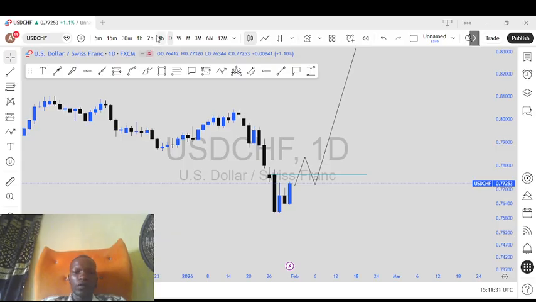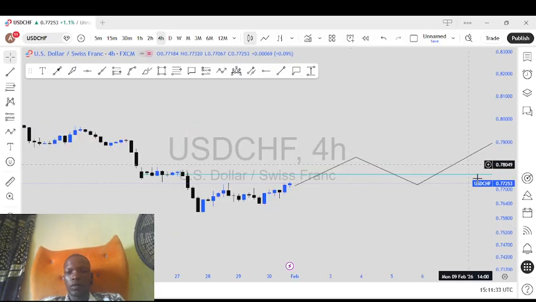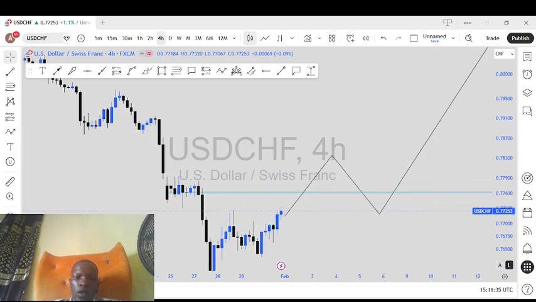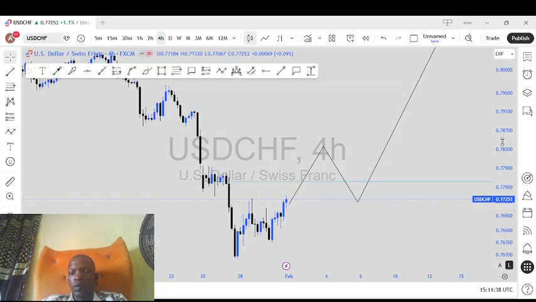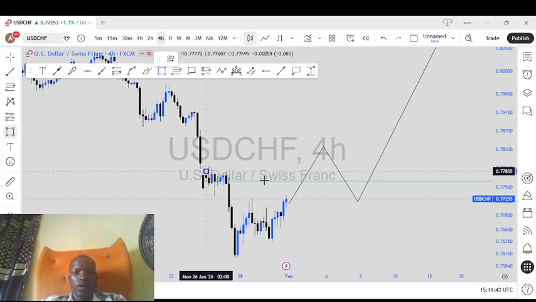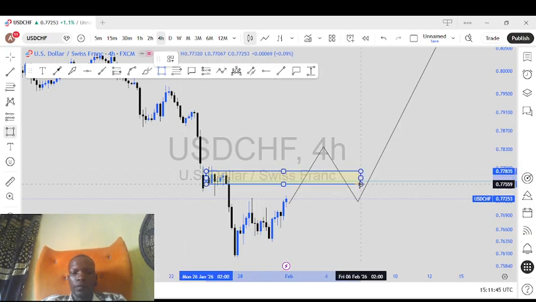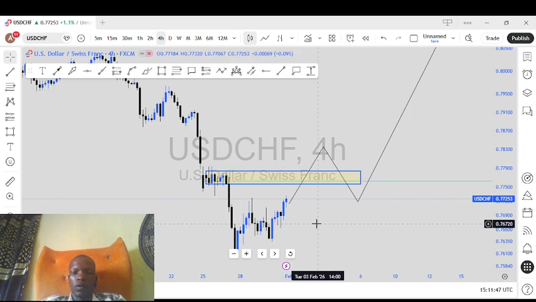Let's check the 4 hour, which is the last time frame we check today, because we are in the weekend. We want to see how the market will open before we take the trade. Now we have this supply zone here, or we can say it is also resistance.